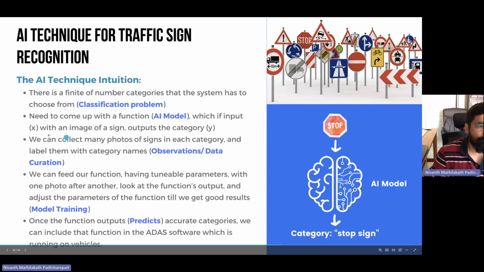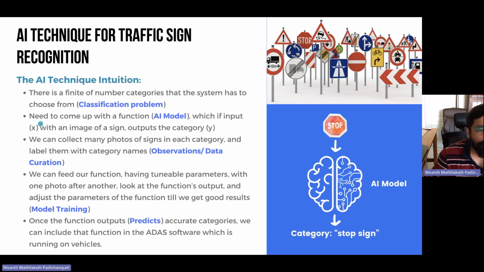So we have to come up with an AI model or a function for which the input is x, the image of a sign, and the output is the category y. And what are the observations? We can collect many photos of signs and label them. If we get a stop sign, we label it as stop sign.